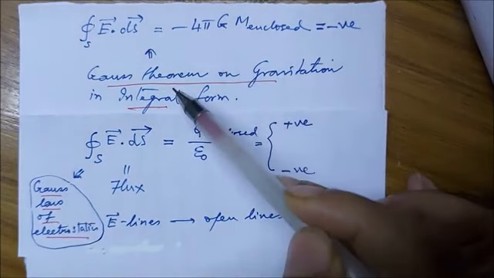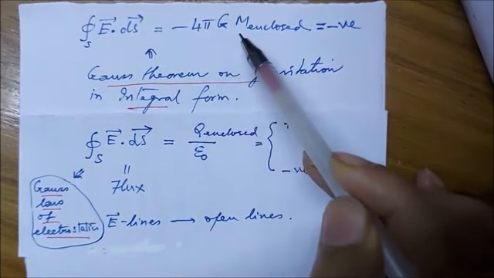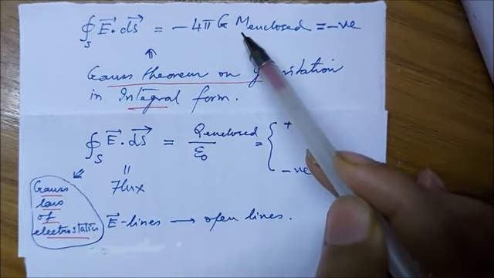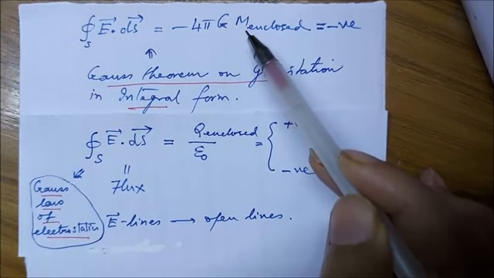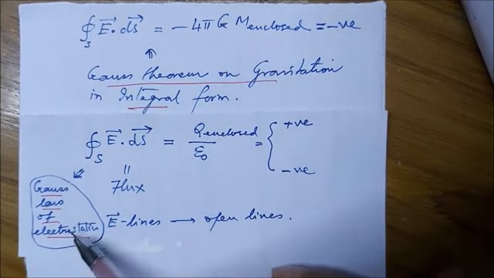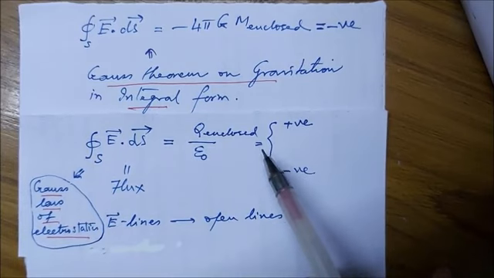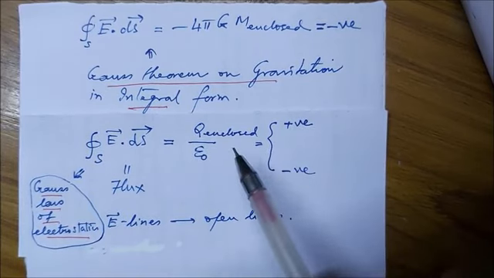Right hand side of Gauss theorem on gravitation is negative because mass is only of one type. Mass is attractive. Two masses cannot repel. On the other hand, the right hand side of Gauss law of electrostatics can be positive as well as negative because charges are of two types, positive and negative, and charges can attract as well as repel.